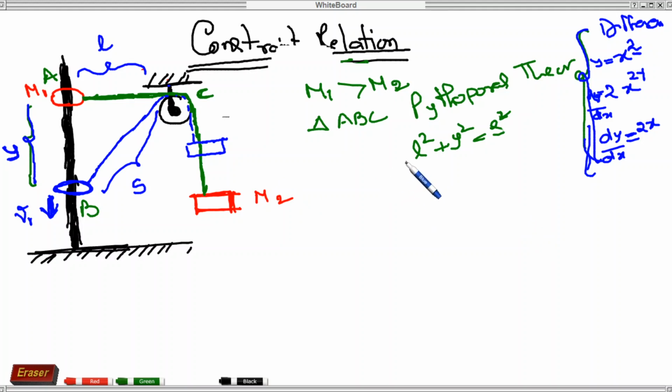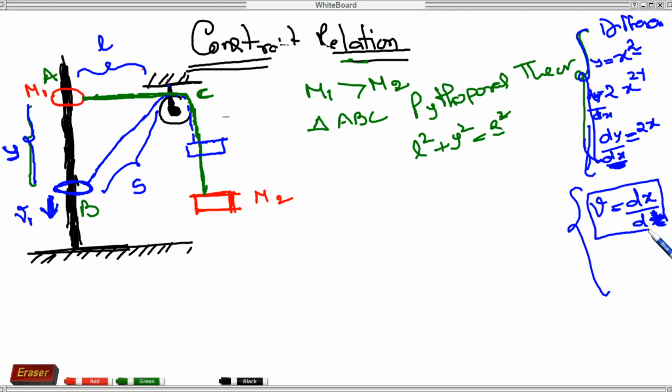Here we are differentiating with respect to x. One thing I also told you is that velocity is represented by dx over dt.